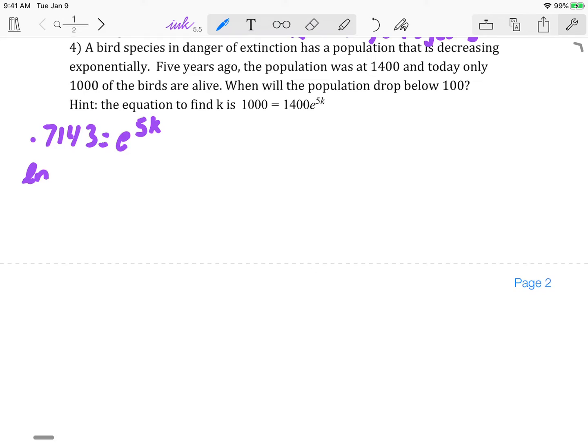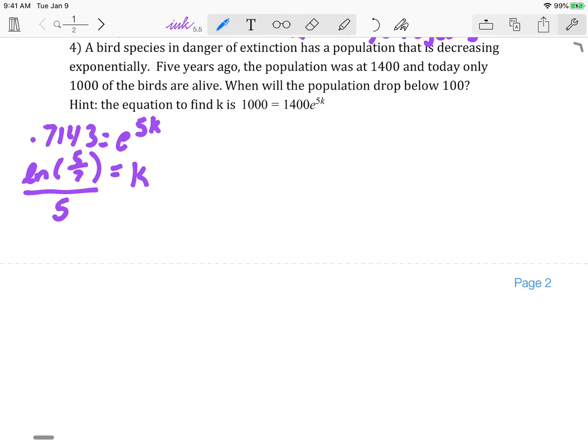So if that helps keep things straight, I always like fractions, you know that. So it's the natural log of 5/7. And then that e is gone. So that leaves you 5k. But then I'm going to divide by 5. So that will just leave me k equals the natural log of 5/7 over 5. So there's my k.